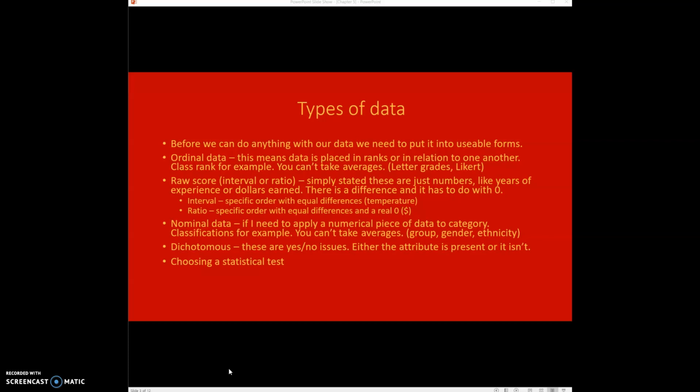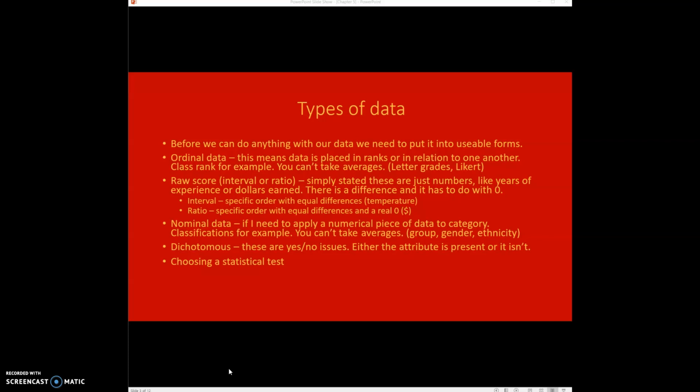And the challenge with that, I want to remind you about one of the videos that I did about being able to choose the right kind of test depending on the type of data, is you can't take averages of ordinal data. You can't take the person in the first position in your class, second, third, fifth, seventh, and eighth, and take an average of that. That's just not what that means. You can't do that with letter grades. You can't do that with Likert scales.